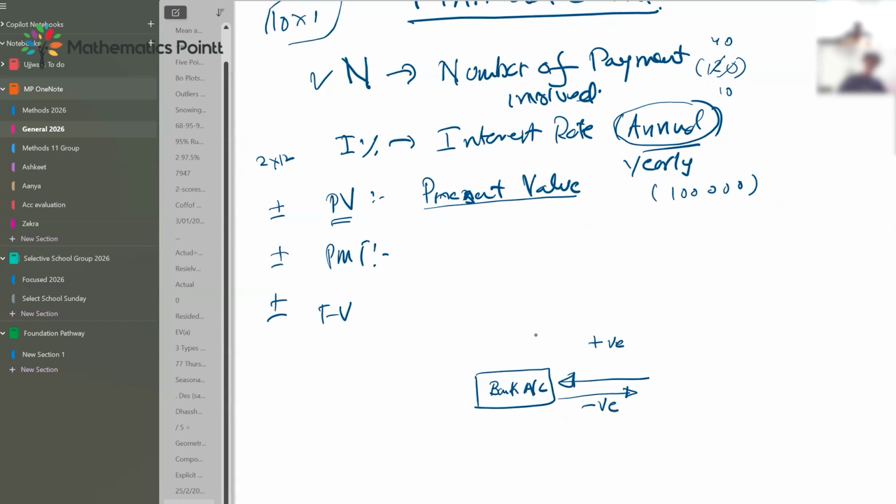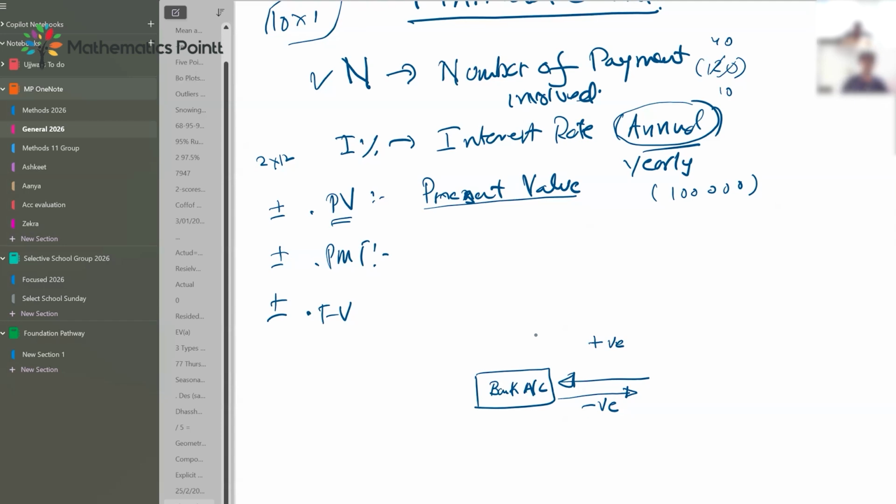That's the principle of financial solver. So whenever you are using financial solver and you have to write the values for PV, PMT, and FV, you need to consider the amount in question and whether that's going into the person's bank account or going out of the person's bank account.